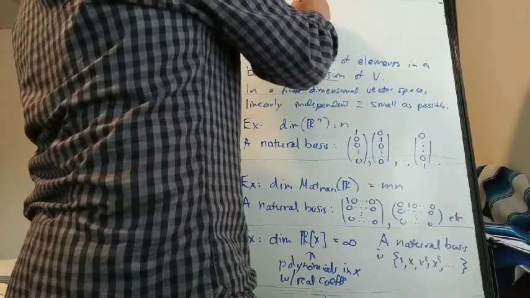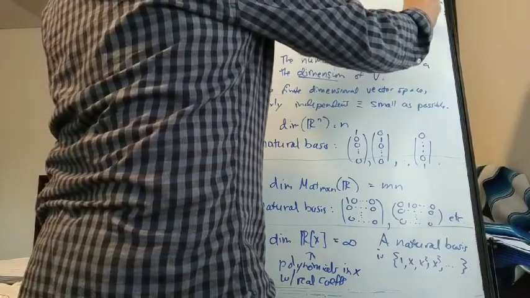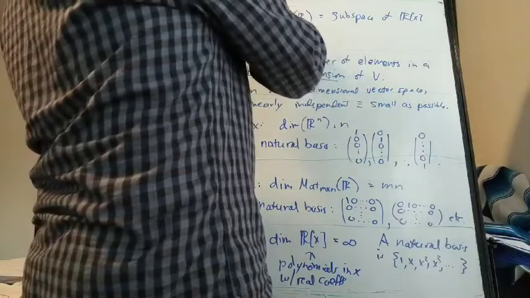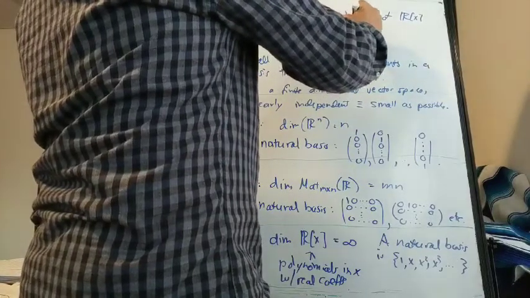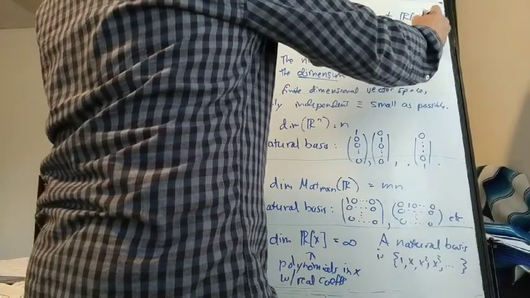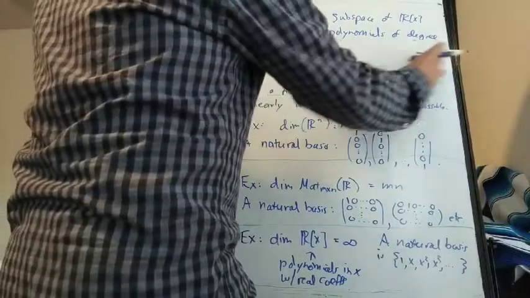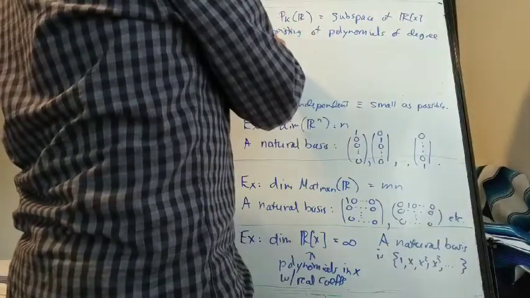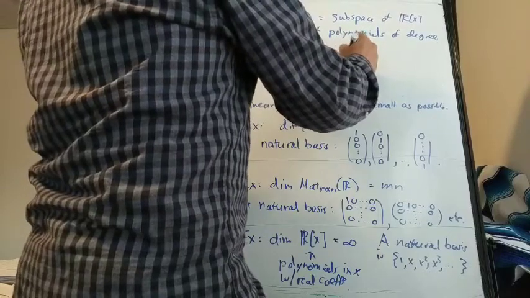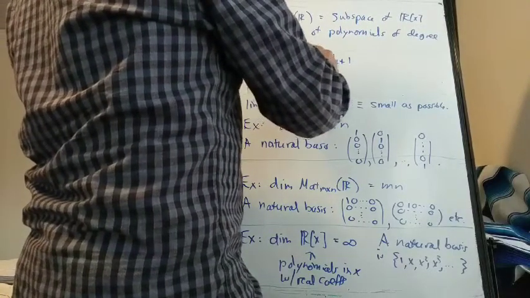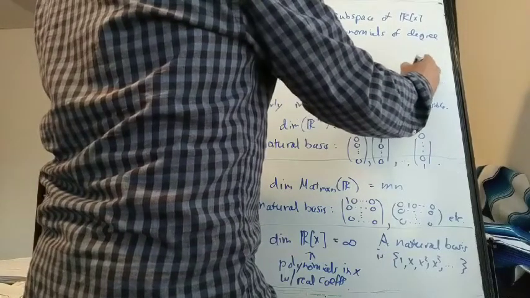Now if we let Pk(R) be the subspace of polynomials in x with real coefficients, consisting of polynomials of degree less than or equal to k, then this space has dimension k plus 1 because a natural basis is 1, x, x squared up to x to the k.